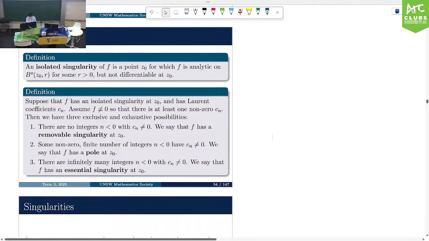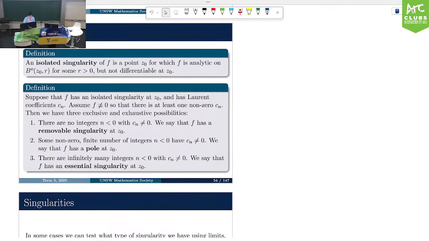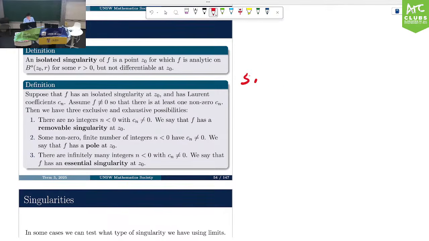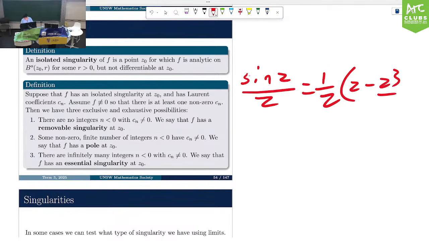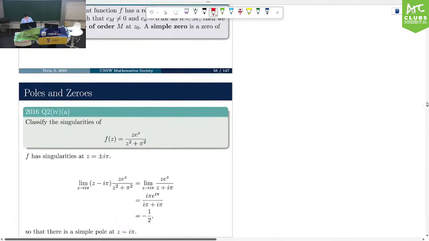The more important ones are these three here. The first one is a removable singularity. If you call the c_n the coefficients of the Laurent series, there are basically no negative powers within the Laurent series. I can give examples for each of these. The easiest example is something like sin z over z, and so on.